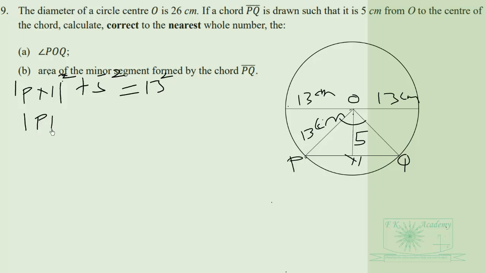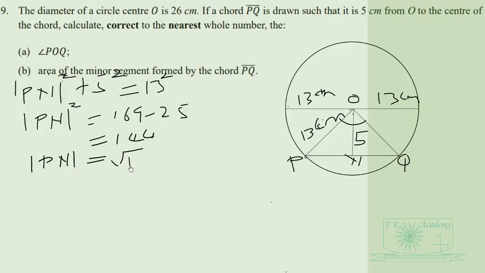So PN will be equal to 169 minus 25, which is equal to 144. So PN will be the square root of 144, which gives us 12 centimeters. So this is 12, and this will also be 12 because the line ON is at the center of PQ from the question.